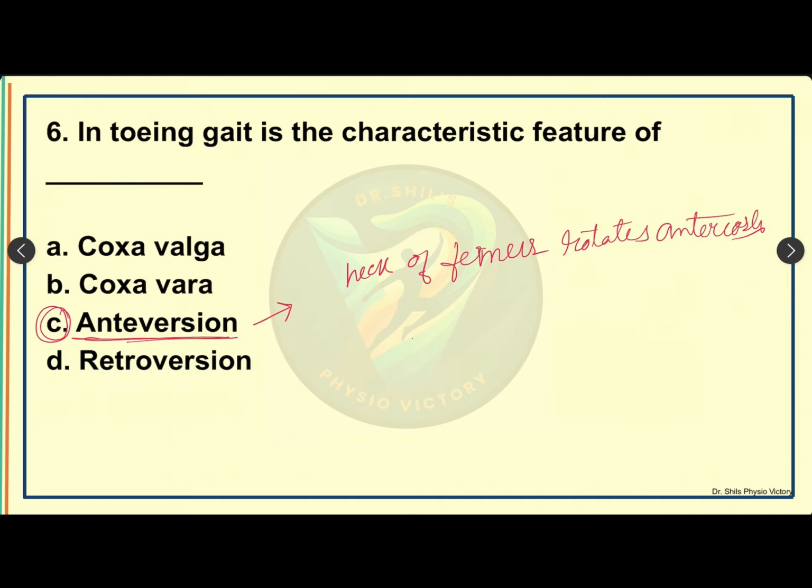So there is internal rotation of the femur. Toes point inward, generally seen in children.